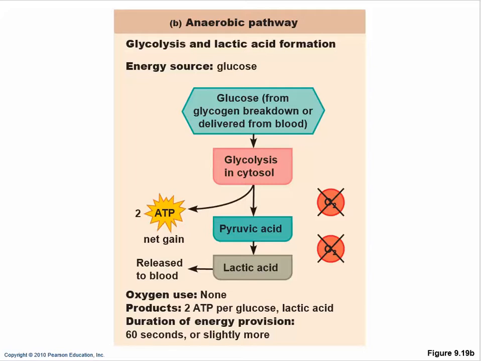So this is just a chart. You end up with 2 ATPs and lactic acid. There's enough here to keep you going for about a minute, another 60 seconds or so.